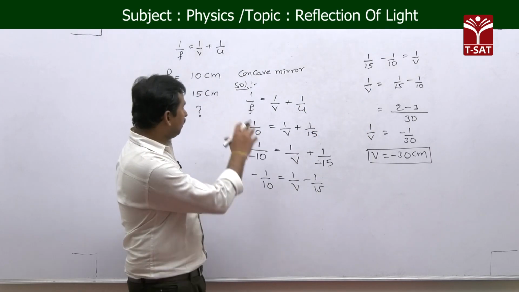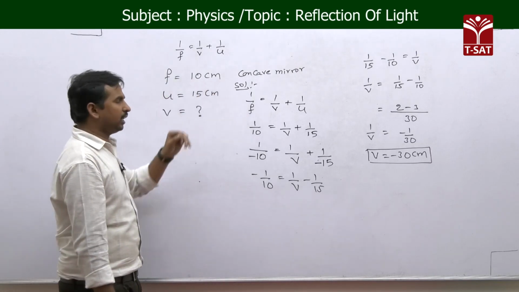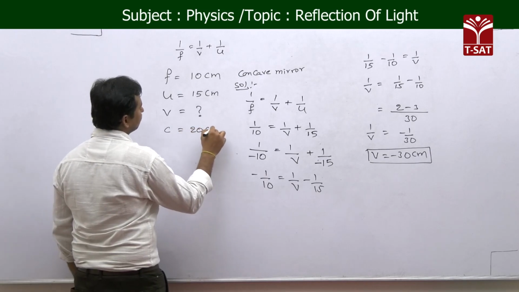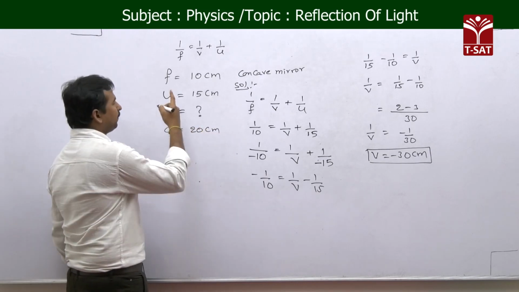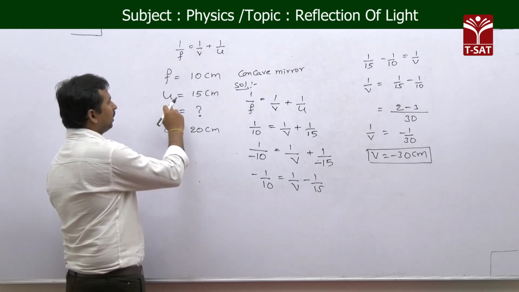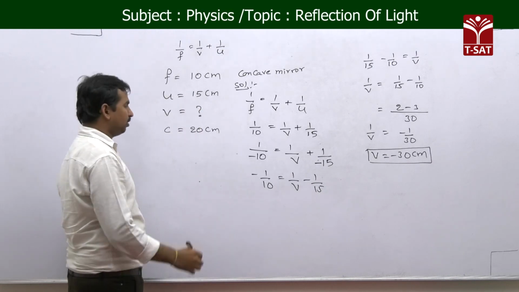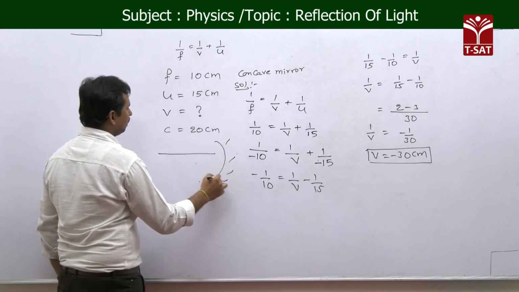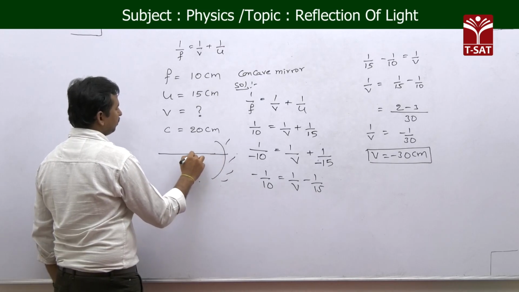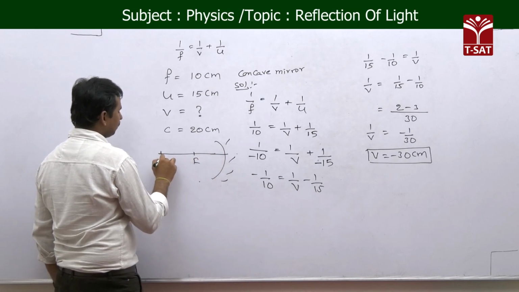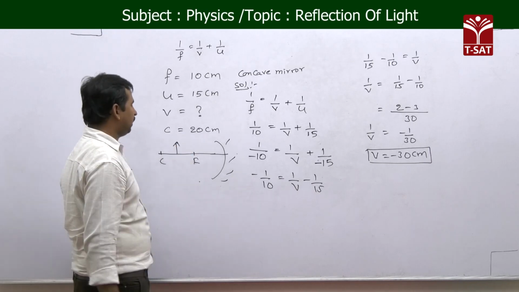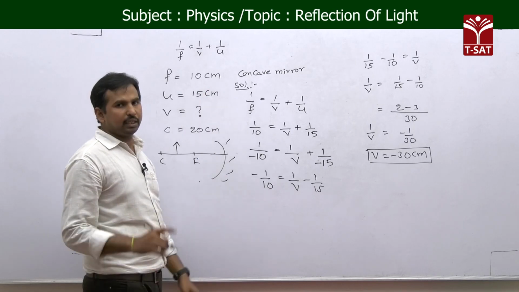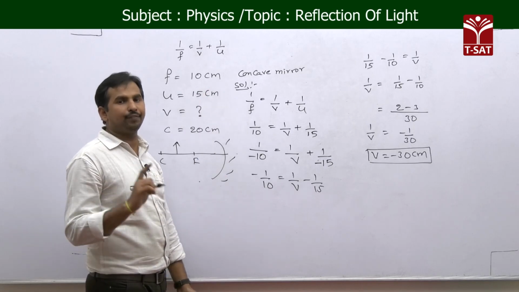For example, in this problem, as the focal length is 10, its center of curvature position becomes 20 centimeters, that is the C value. F is at 10, C is at 20. Then the object distance U is 15, which means the object is placed in between C and F. As the object is in between C and F, the image has to form in between C and infinity.